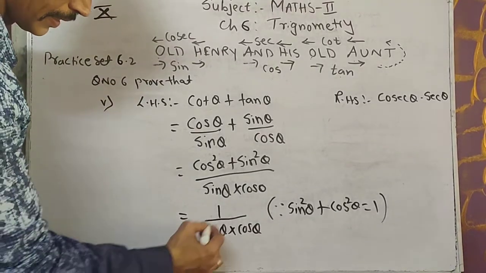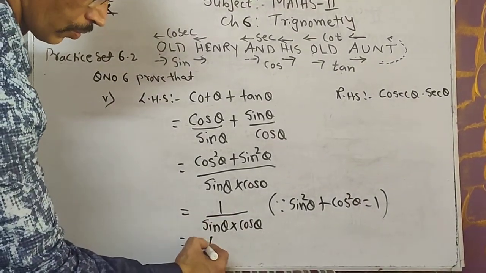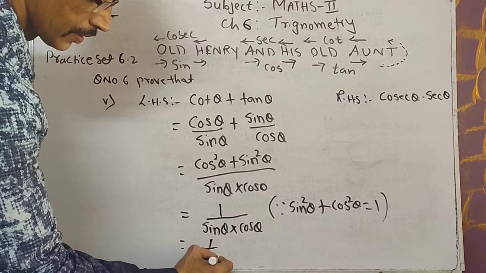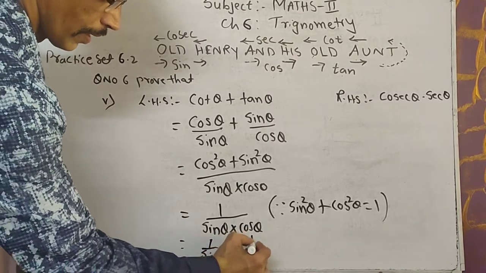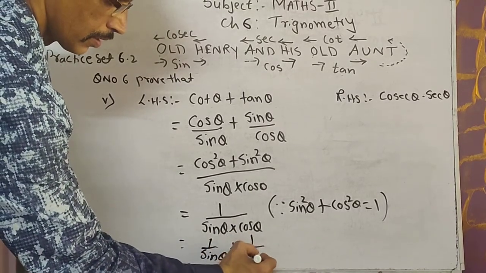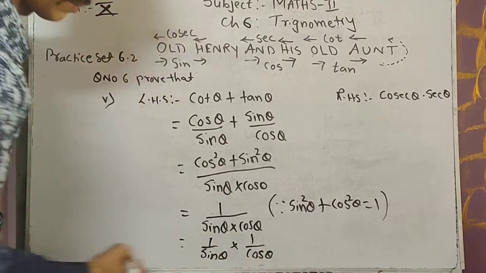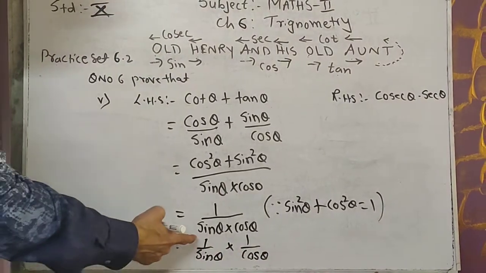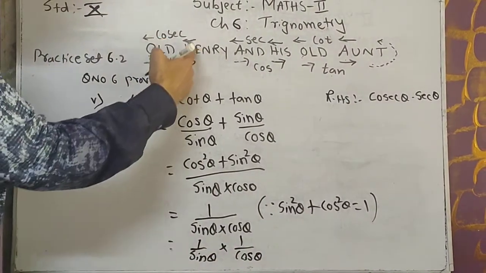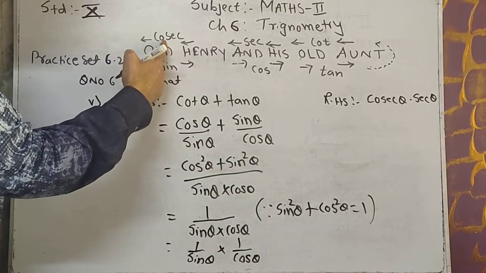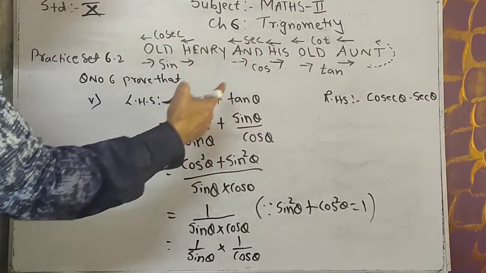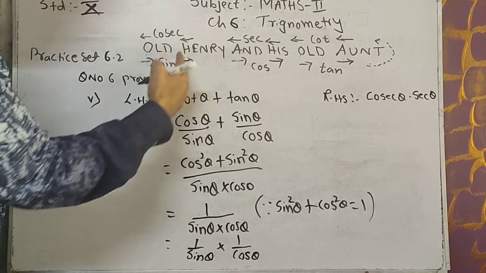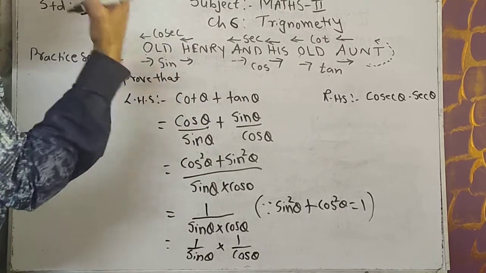Now you have to separate this: 1 upon sin theta into 1 upon cos theta. Now you can see 1 upon sin theta. 1 upon sin means cosec. You can see in this statement 1 upon sin means cosec.